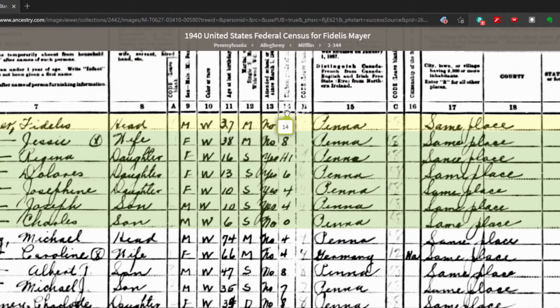Okay, we go over to column 14. The descriptions are really faded here, but column 14 is the highest grade of school completed. Once again, that's completed, not the grade they're currently in. In this case, Fidelis, Jesse, 8th grade.